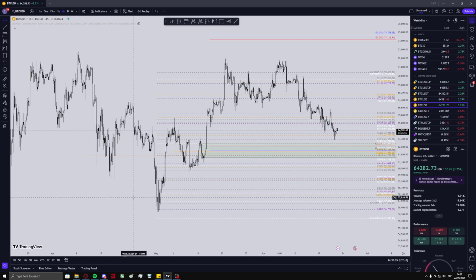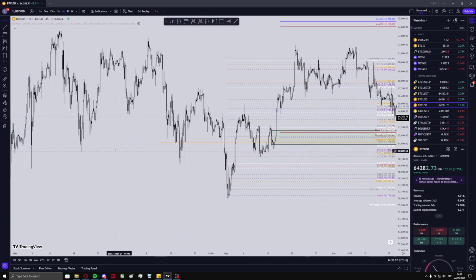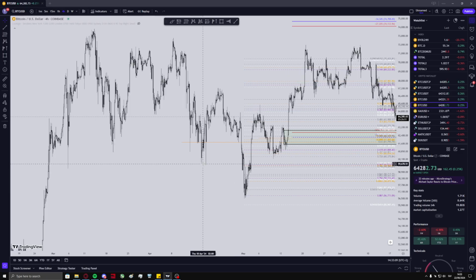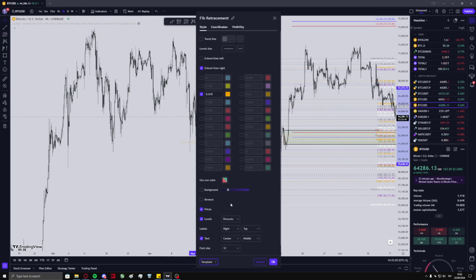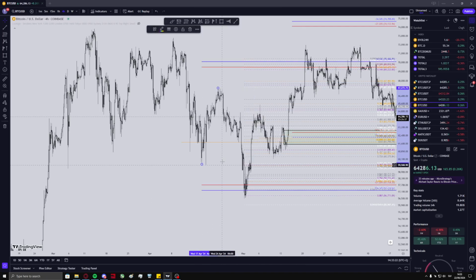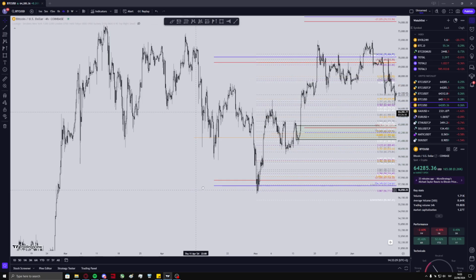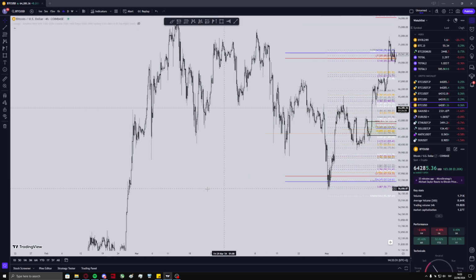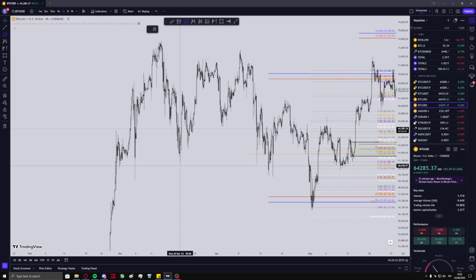So yeah. And also, for example, when you had this move down here, one other confluence you could have had was if you pulled a 1272 from this move up, this was a 1272 down here as well. This was just another confluence with the bigger 1272 you had here, right?